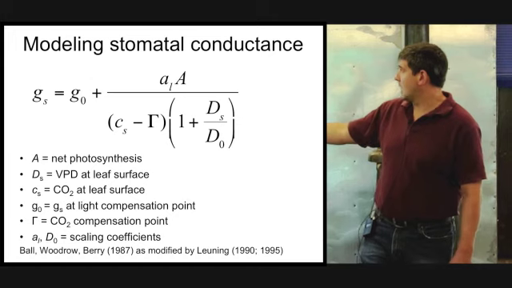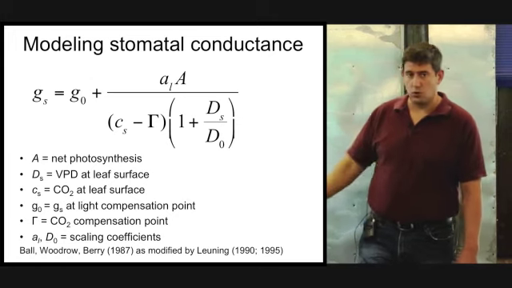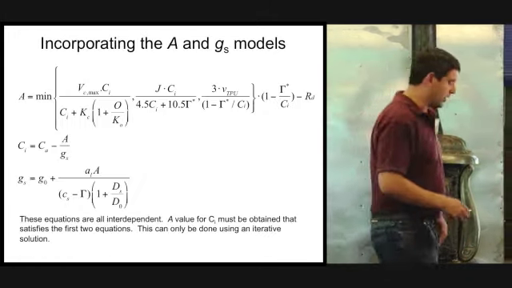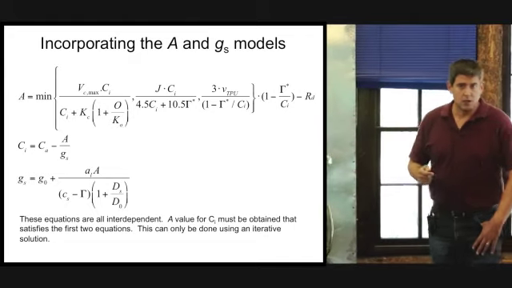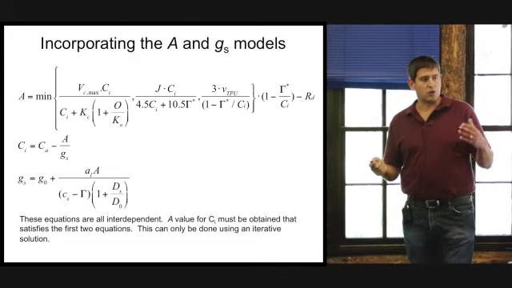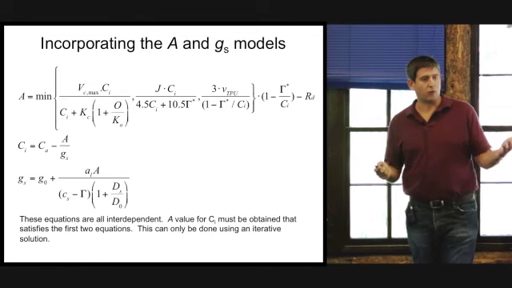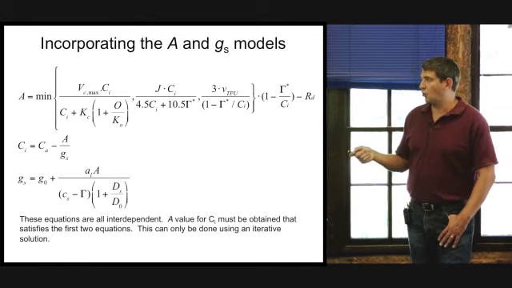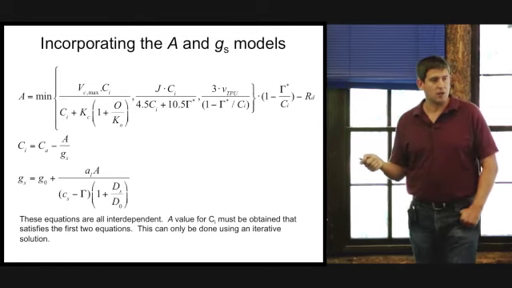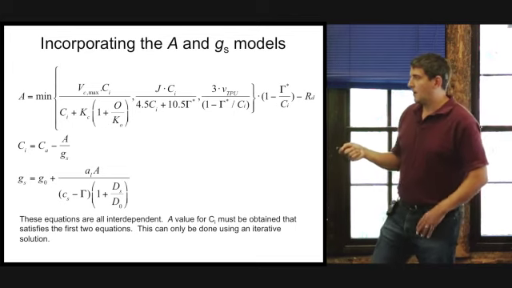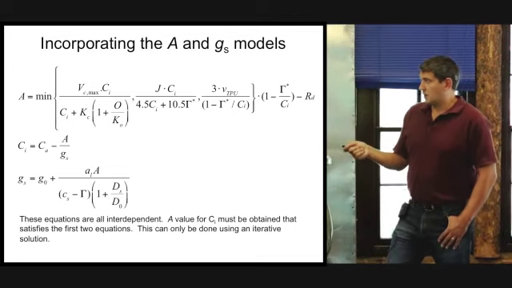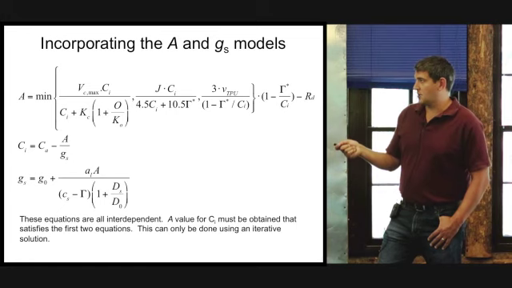Unfortunately, A and CO2 at the leaf surface are needed to model stomatal conductance, yet A is what we're shooting for in modeling photosynthesis. So the only way to model photosynthesis in a defensible way is to do it iteratively. Here you have A that depends on CI.